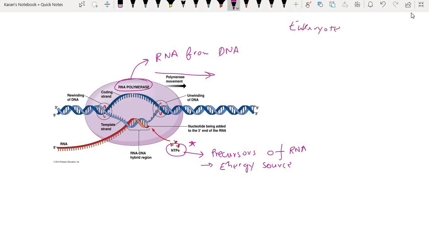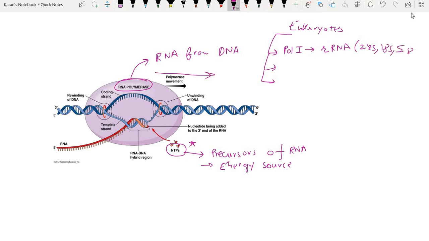In eukaryotes, the RNA polymerase is of 3 types. Polymerase 1, which we can call Pol1, helps in synthesis of ribosomal RNA, rRNA, which is of different types: 28S, 18S, 5.8S.